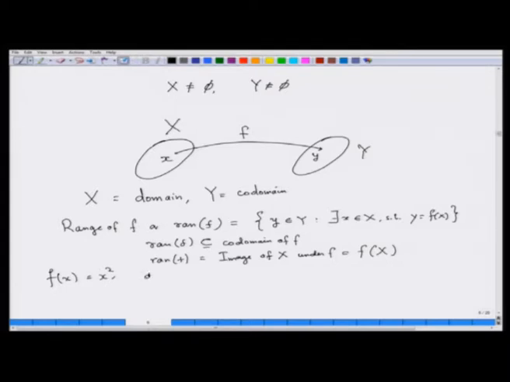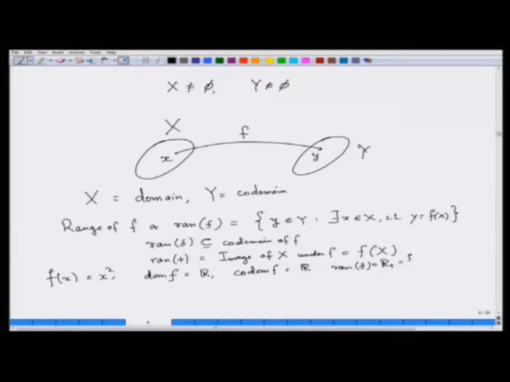So, domain, which I now write in short form dom f, is R, and the codomain of f, which I write as codom f, is also R, but the range of f is not R, because it only gives me non-negative numbers.